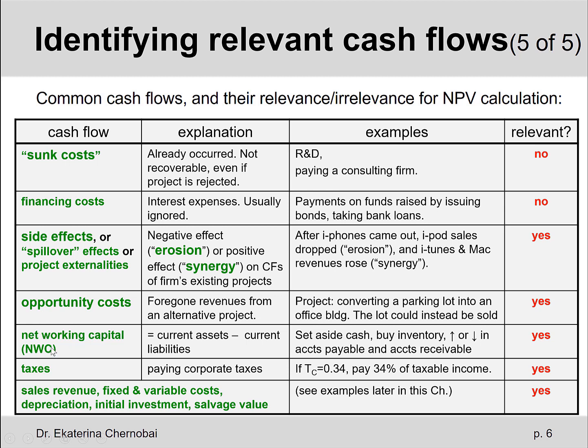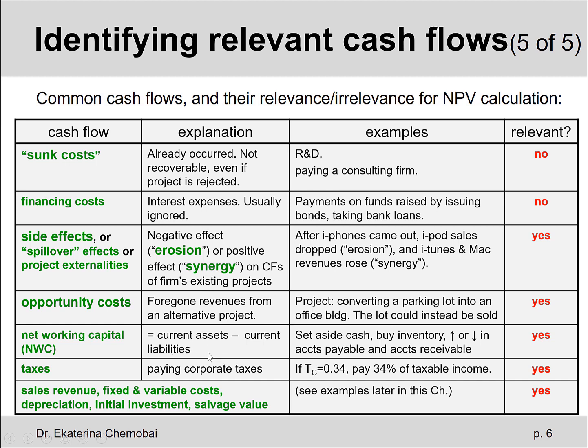Net working capital, NWC, is another type of relevant cash flows. By definition, net working capital equals current assets minus current liabilities. Current assets include things like cash or other more or less small items that can be converted into cash quickly and easily, such as inventory and accounts receivable.